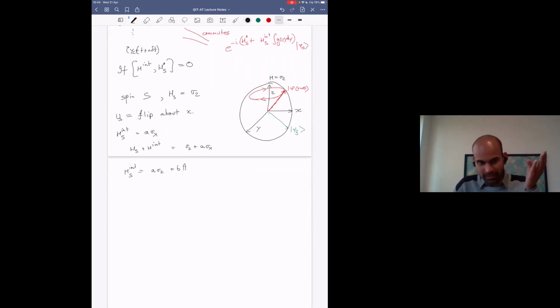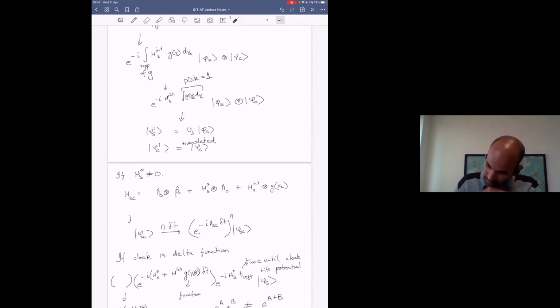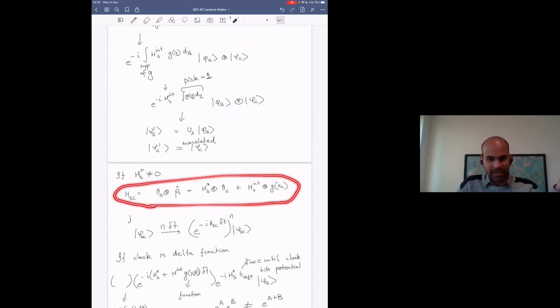Indeed, it is more complicated when the interaction Hamiltonian of the system that we would like to do does not commute with the natural Hamiltonian of the system. Having said that, if we just write down some general interaction Hamiltonian of this form, and we consider the evolution of the system and the clock under this potential, and this is also something that you will see explicitly, you still have the case that once the clock passes through the potential and gets to the other side, the clock state itself is undisturbed.